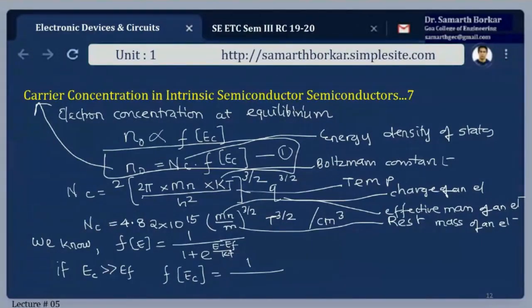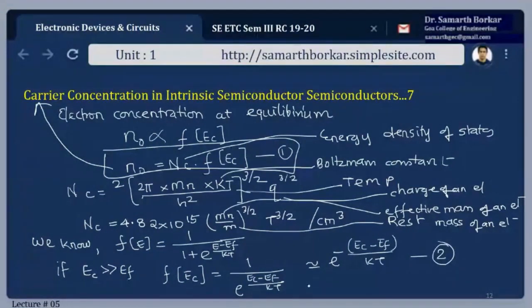So this exponential term will be very much greater as compared to the unity 1. So I can write this as e raised to (EC minus EF) by kT in the denominator, which can be written as e raised to minus of (EC minus EF) by kT. Mark this as expression 2.